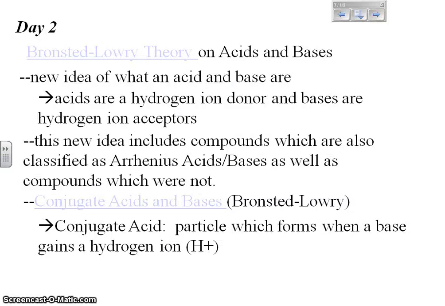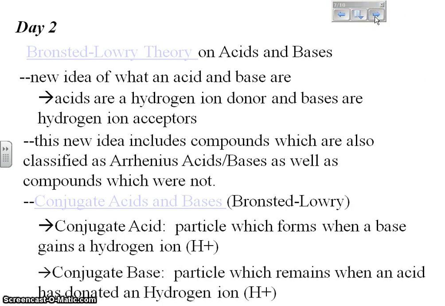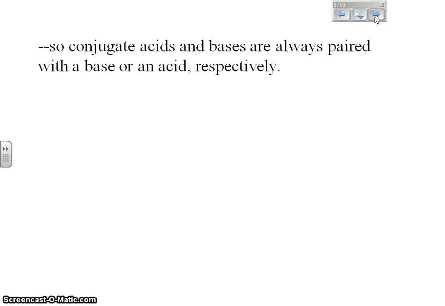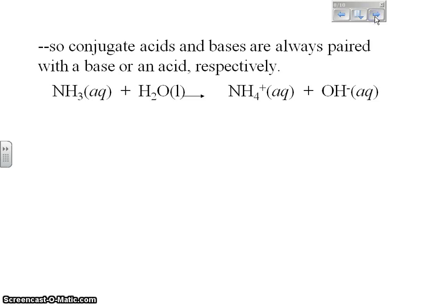Conjugate acid: the particle which forms when a base gains a hydrogen ion. The conjugate base is the particle which remains when an acid has donated a hydrogen ion, H positive. You need to remember those. The conjugate acids and bases are always paired with a base or an acid respectively. Let's take a look at this reversible reaction where NH3 combines with H2O.